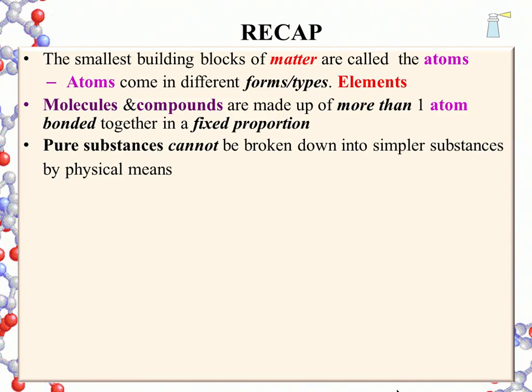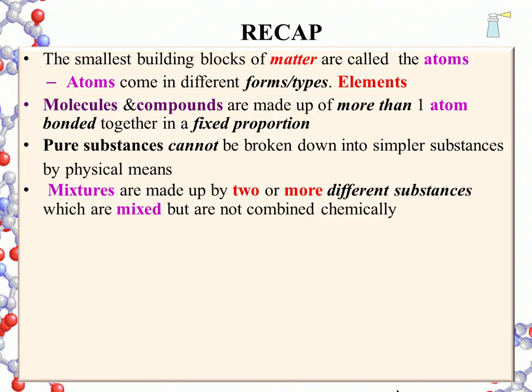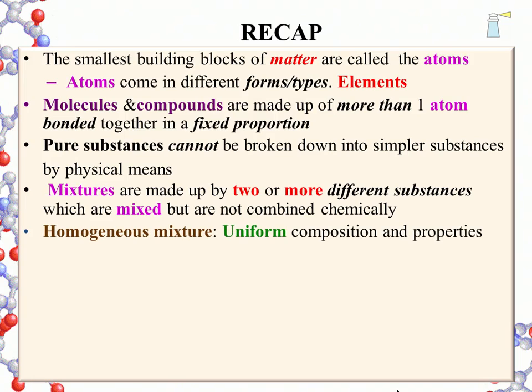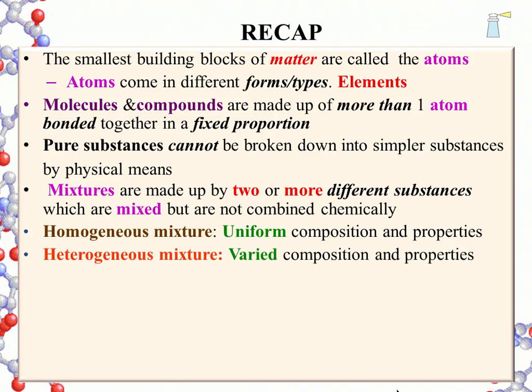Pure substances cannot be broken down into simpler substances by physical means. Mixtures are made up of two different substances which are mixed but not combined chemically. Homogeneous mixtures have uniform composition and properties. Heterogeneous mixtures have varied composition and properties.